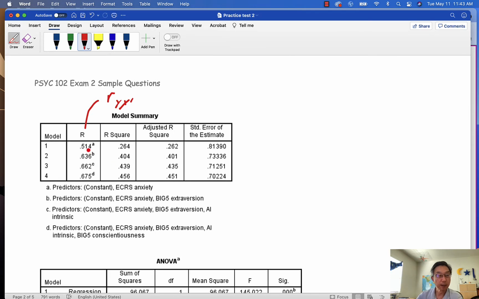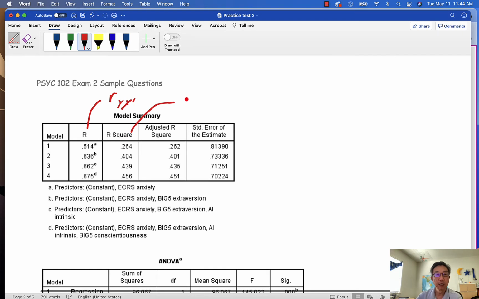That is the definition of R. And what about R squared? What R squared tells us is the proportion of variance that can be predicted by the regression equation. So for example, we have here model number 4. It predicted 45.6% of the variance. And that's how we interpret the R and R squared.